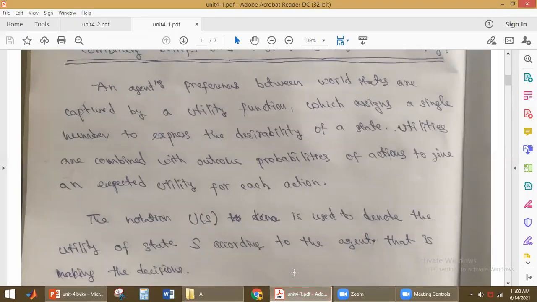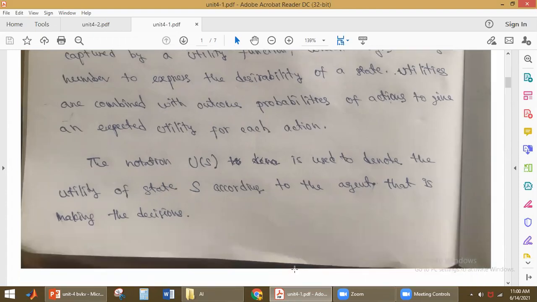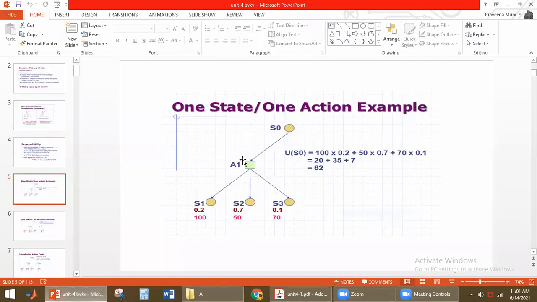So what we are going to do here is combine utilities with the outcome probabilities, so that we get the expected utility for each action. If any action is performed, say action A1 is performed, what is the expected utility for performing A1?